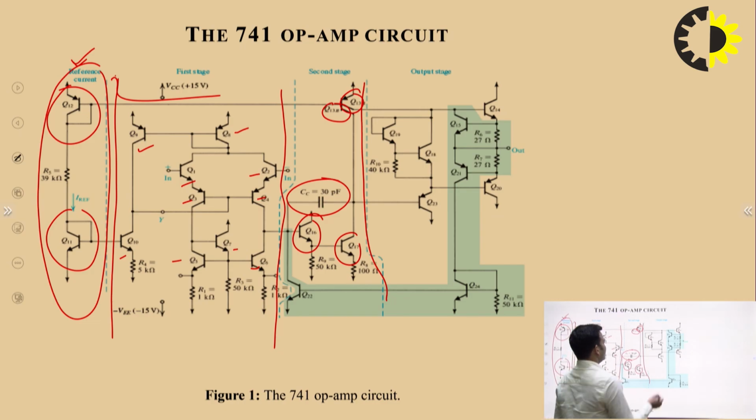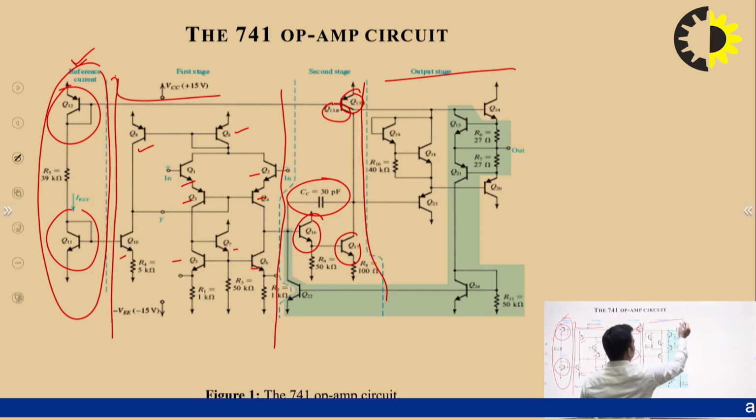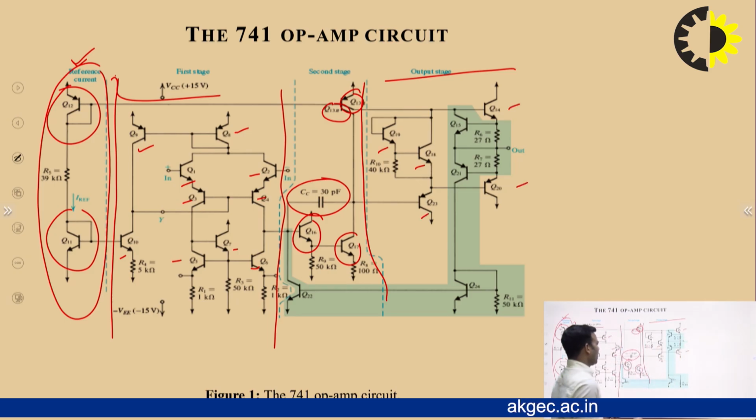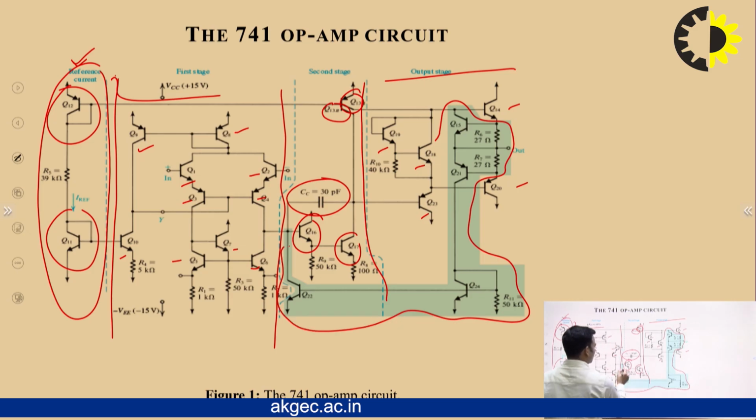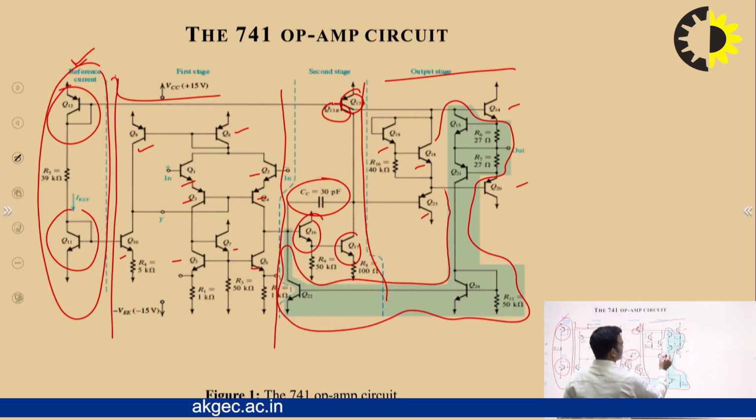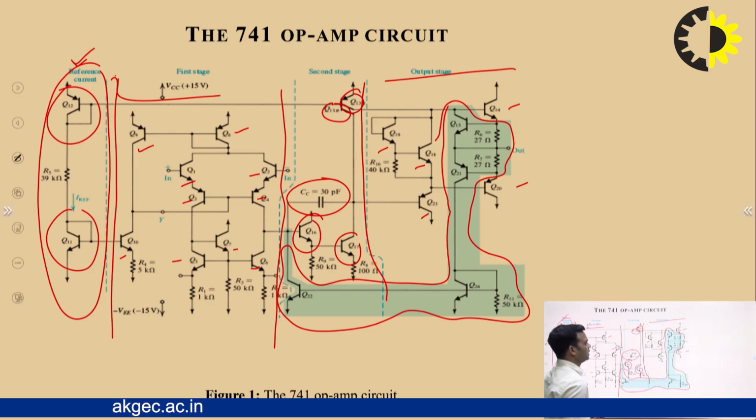And this is the output stage, which consists of transistors Q18, Q19, Q14, Q20, and Q23. The shaded portion shows the short circuit current protection circuitry, which consists of transistors Q15, Q21, Q24 and Q22.